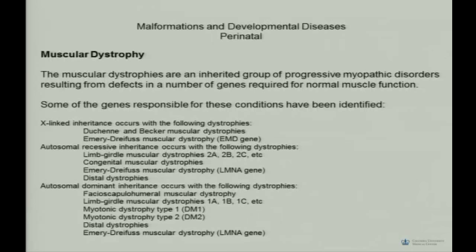You're also going to hear about prenatal or perinatal injuries that can cause things like cerebral palsy. Okay? And cerebral palsy is an actual damage to motor centers in the brain that result in abnormalities in posture, gait, and movement.